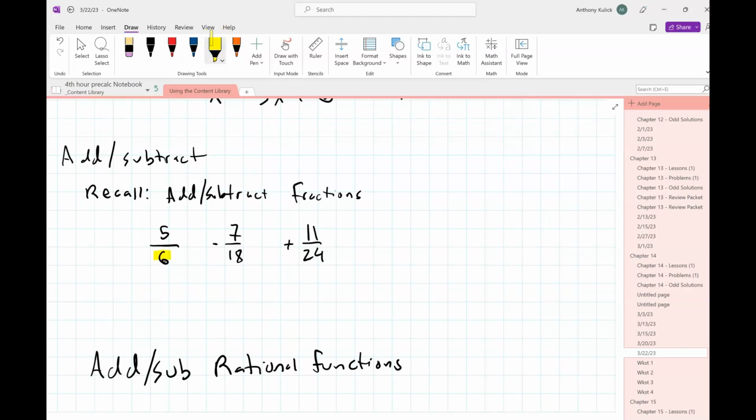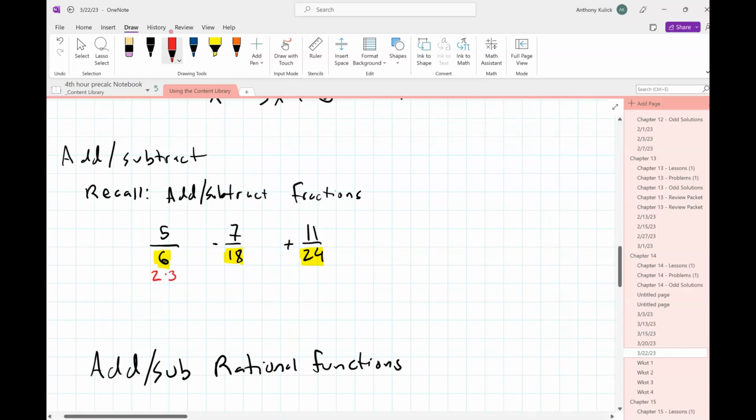So we're going to be using the least common multiple of the numbers 6, 18, and 24. The easiest way to find that least common multiple is to look at the prime factorization of those numbers.